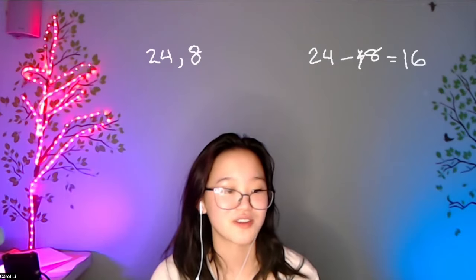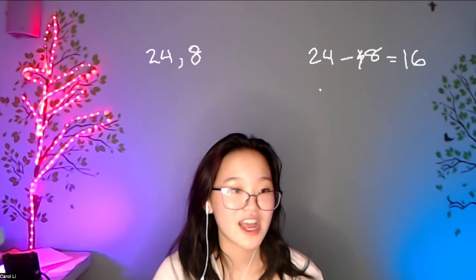Let's say there are 24 and 18. The Euclidean algorithm tells us that 24 minus 18 is divisible by the greatest common divisor, because 24 is divisible by their greatest common divisor, and so is 18.